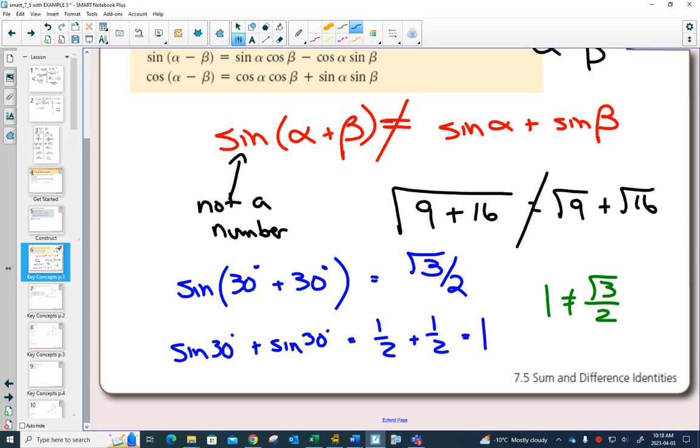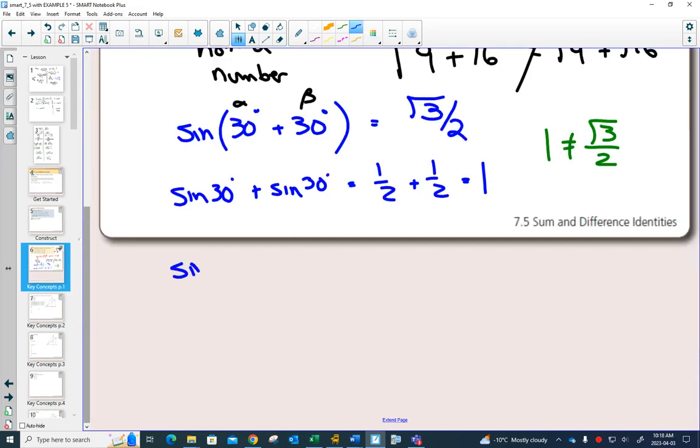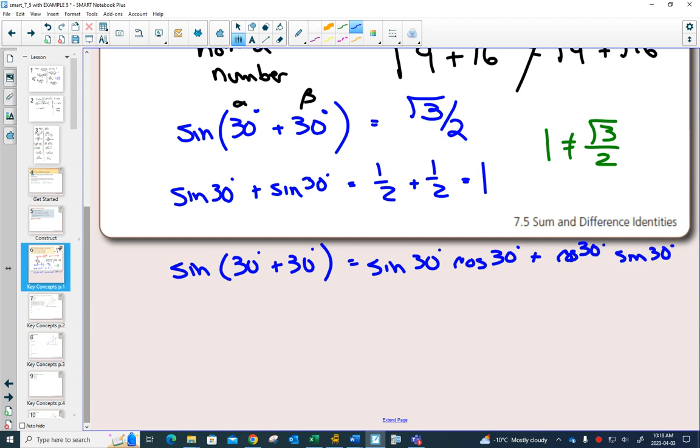But apparently, if we wanted to, we could use a formula here and say this is alpha and this is beta. So sine of 30 plus 30, according to the formula above, would equal sine of 30 cos of 30 plus cos of 30 sine of 30.